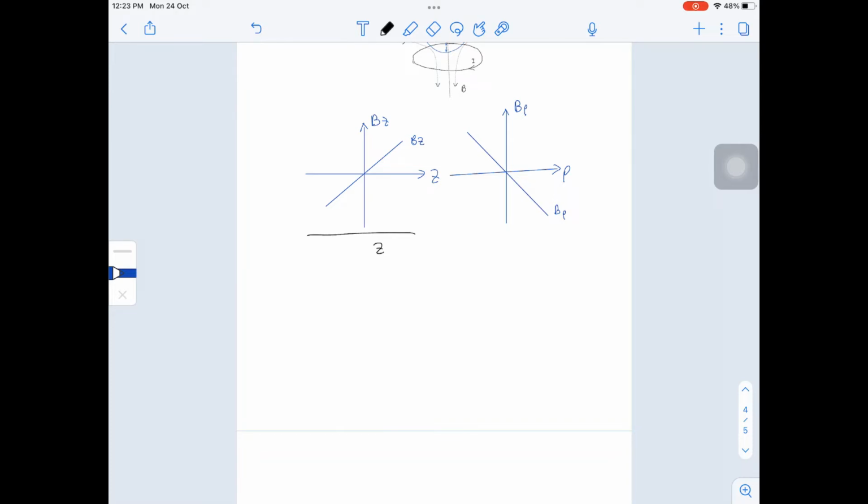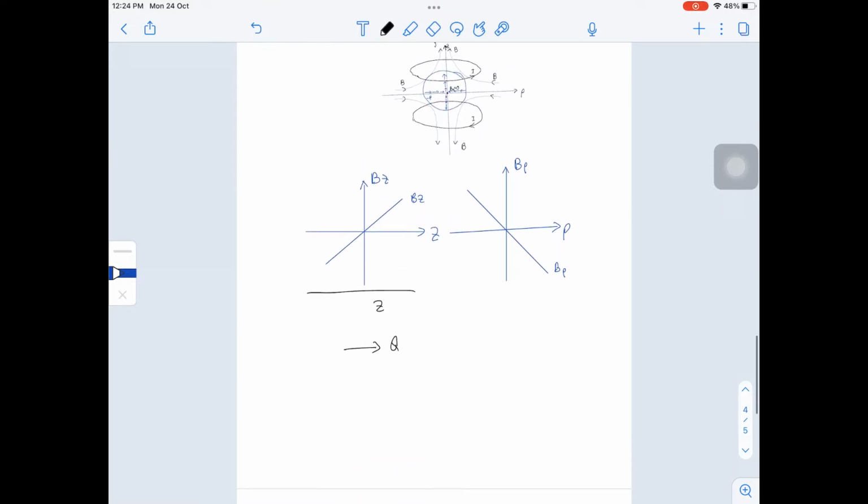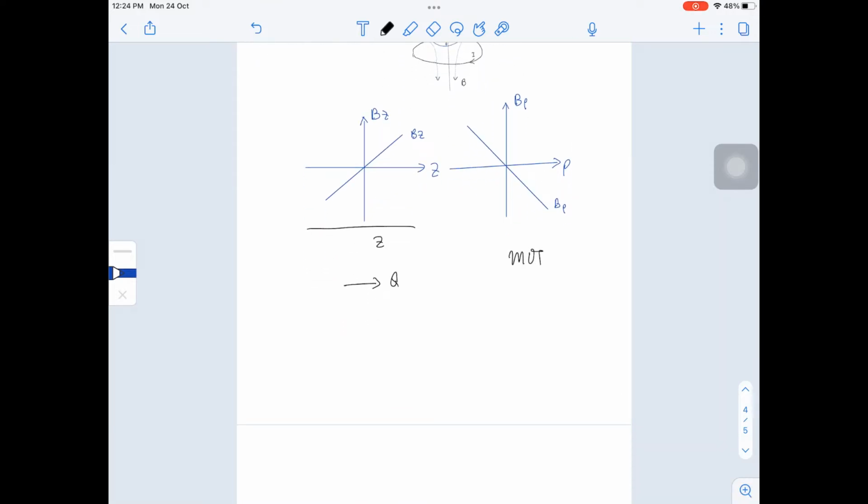We know the quantization axis is in this way, and before that, let me introduce something else first. To form the MOT, the simplest atom energy level diagram has to be J equal to 0 to J prime equal to 1 transition.